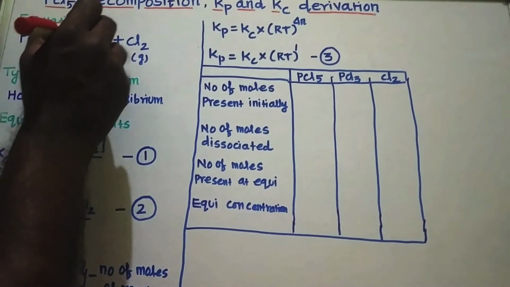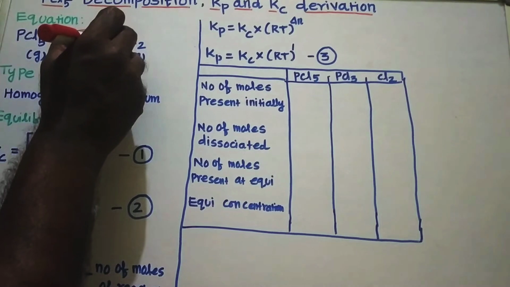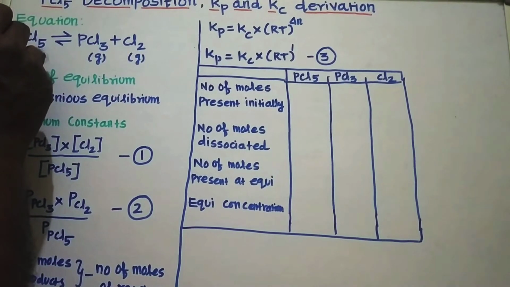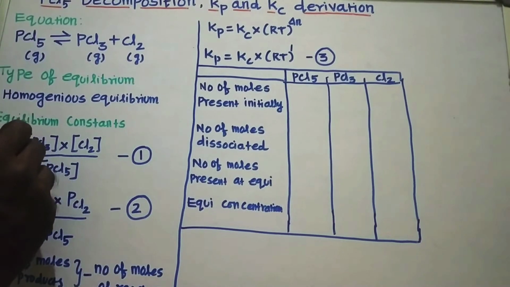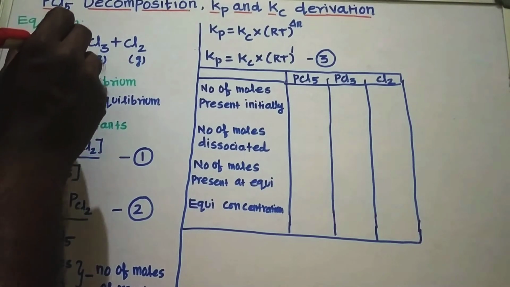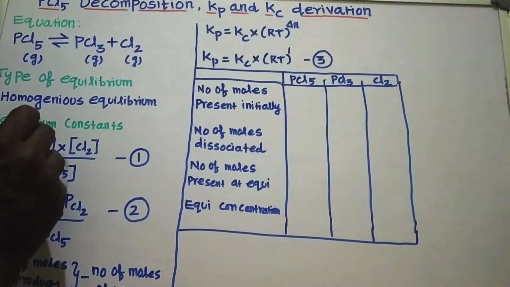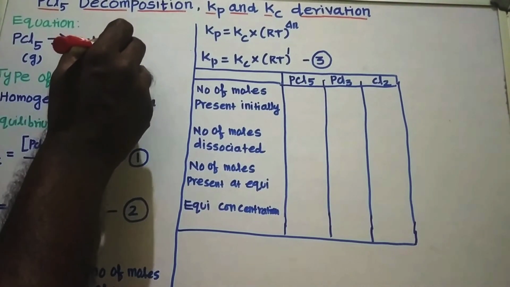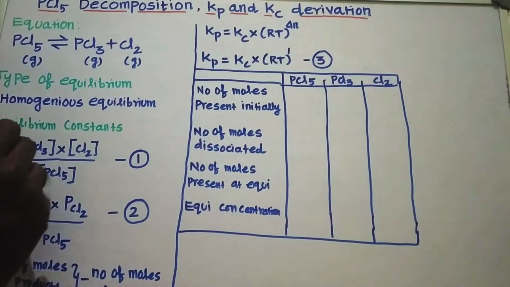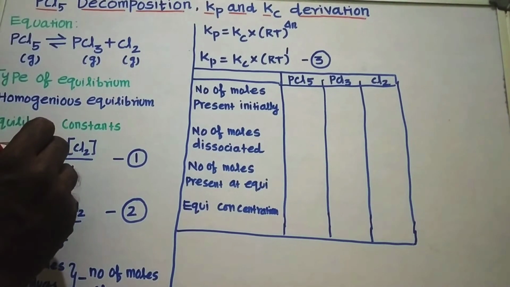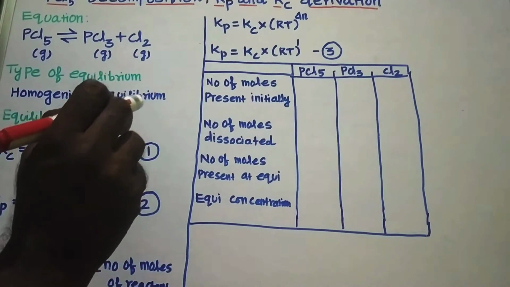Here PCl3 and Cl2 act as the product and PCl5 acts as the reactant. Therefore, the concentration of the product is written first. Kc is equal to concentration of PCl3 into concentration of Cl2 divided by the concentration of PCl5. This is equation number 1.